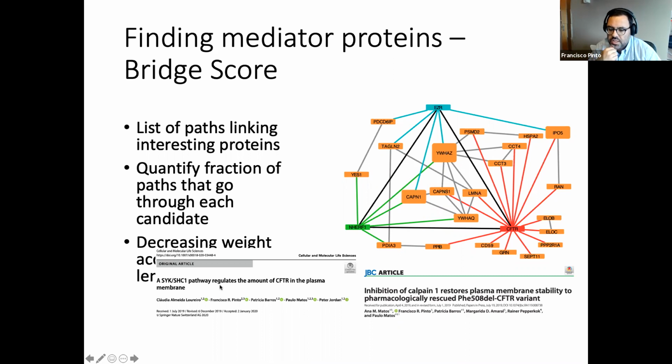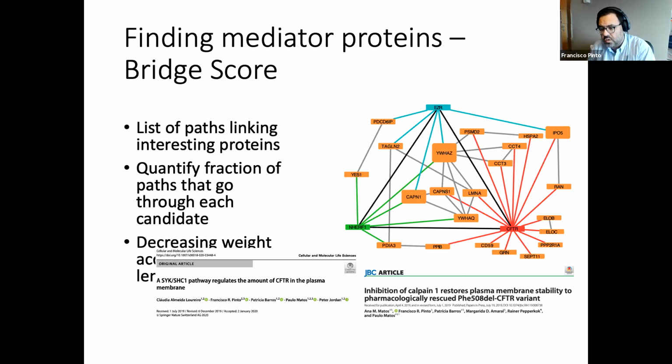We were able to identify, in this case, the protein SHC1 that was modulating the impact of SIC on CFTR. And in the case of the NRF-ESRIN interaction, we were able to identify calpain-1, that is this protein here, that was effectively contributing to the stability of CFTR in the plasma membranes.